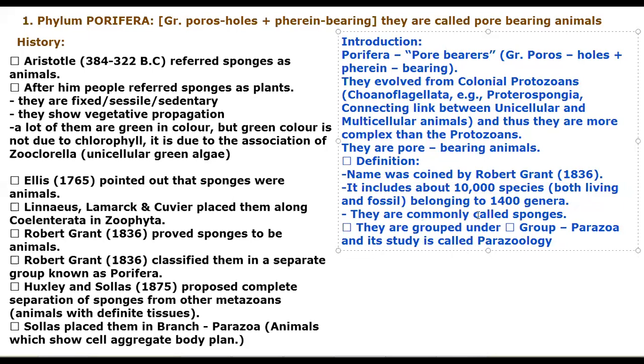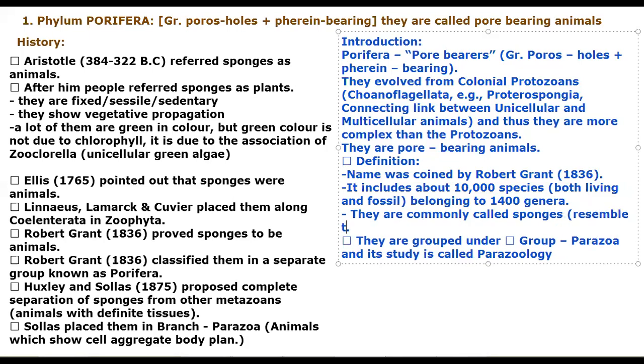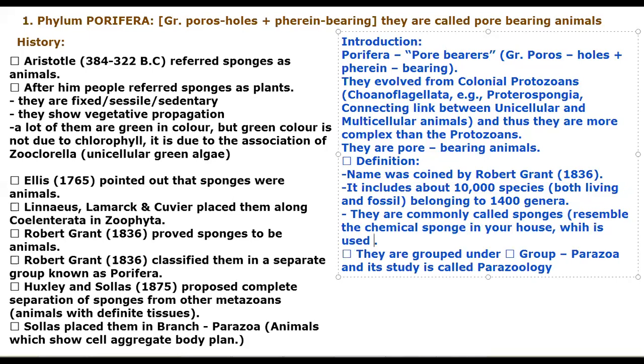They are commonly called sponges. Why are they commonly called sponges? They resemble the chemical sponge in your house, which is used to make cushions, etc. Since they have resemblance with it, they are commonly called sponges.